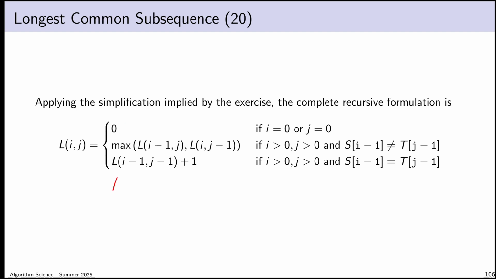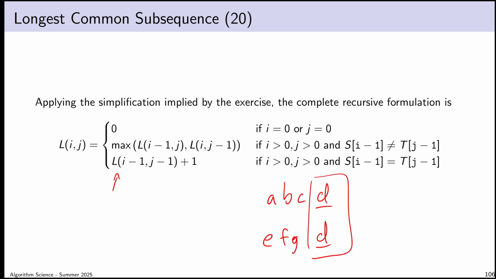Okay, and then the third case ends up being the case where I have two sequences that end in exactly the same character, and I observe that what that's telling us is I could put this character in the longest common subsequence. So what I want is just the length of the longest common subsequence of everything left over. So if I subtract one character off from both, plus 1, the plus 1 being from this D that is in the longest common subsequence.